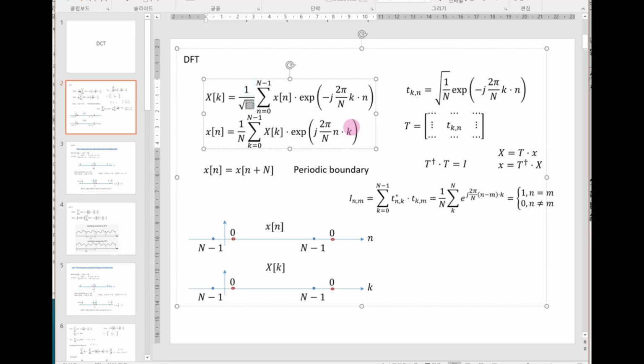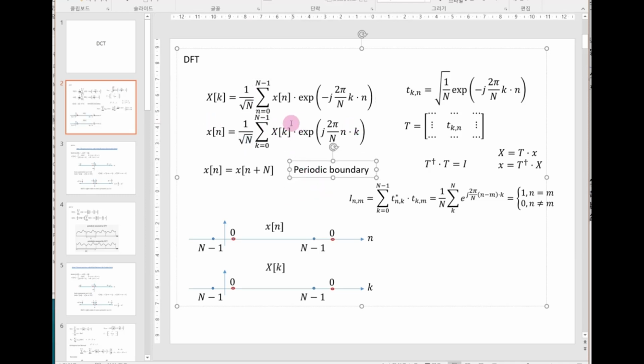I just change the scaling factor for the transform and inverse transform. The benefit of this definition is that in the original definition, this was 1, and the inverse was 1 over n. But separating these two things, we can make it symmetric.